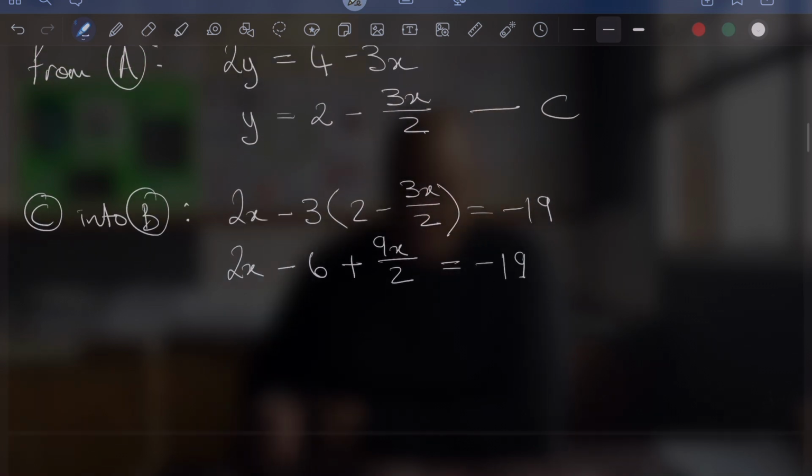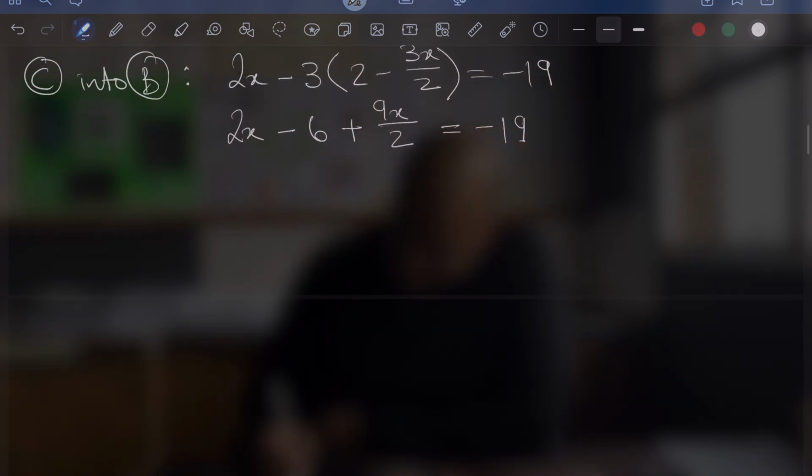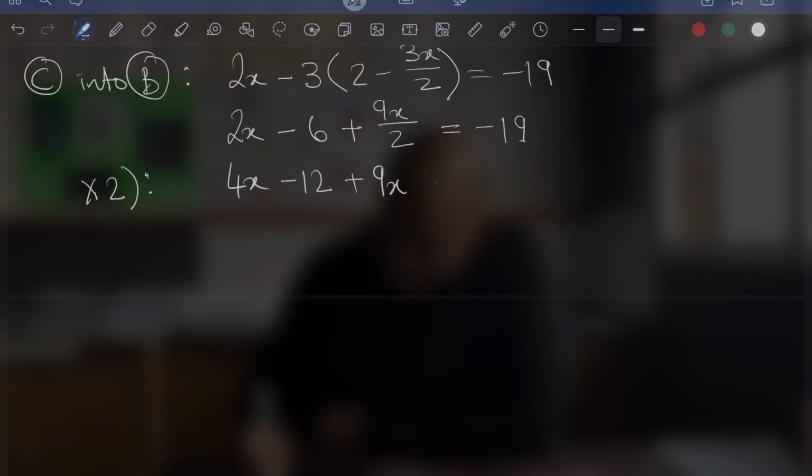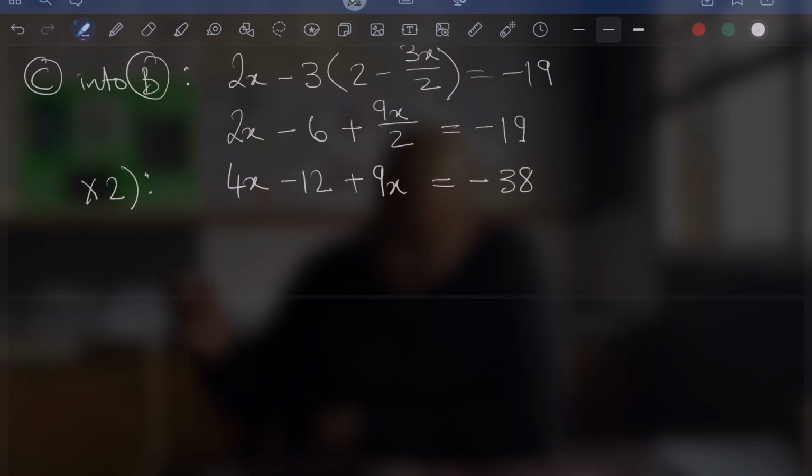Again, remember, we don't like to work with fractions in our equation, so we're going to multiply all the way through by 2 to get rid of that denominator of 2. So 2x times 2 is 4x, 2 times negative 6 is negative 12, that will then be 9x, gone with the 2, equal to negative 19 times 2, which is negative 38.